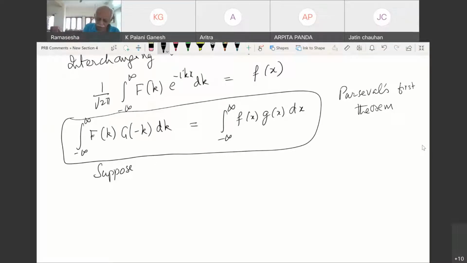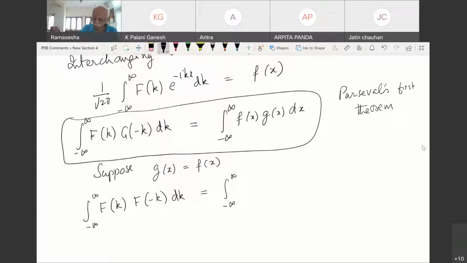Supposing g of x is f of x, then what happens is the integral of f of k f of minus k dk is equal to the integral from minus infinity to infinity of the square of f of x dx, where f of minus k is equal to f star k.